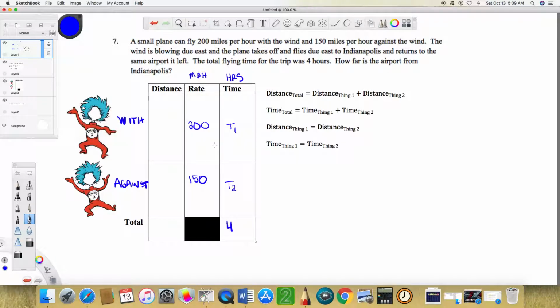Does it tell us? No, actually, it's asking us to determine how far the airport is from Indianapolis. So the distance going to Indianapolis is the same as the distance coming from Indianapolis. Although you could add that up to 2x, I don't believe that's going to come into play in this problem.